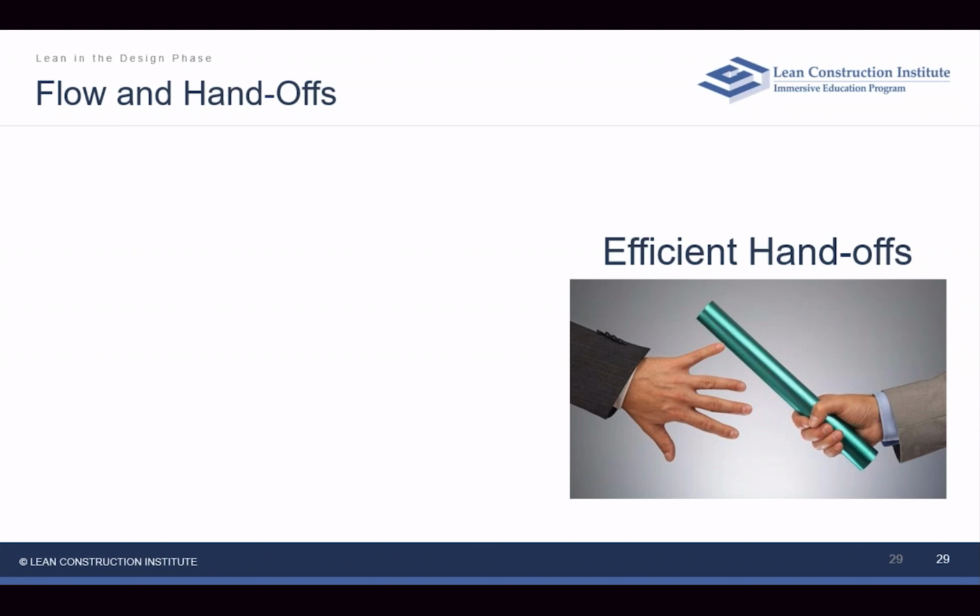In pre-construction, people may think of this as flows of information, physical information: here's the drawings. In design, it might be the flow of ideas. So think in terms of how we make those handoffs clear and concise. If you think about the track stars, they focus on practicing that handoff when you go watch people at the track.